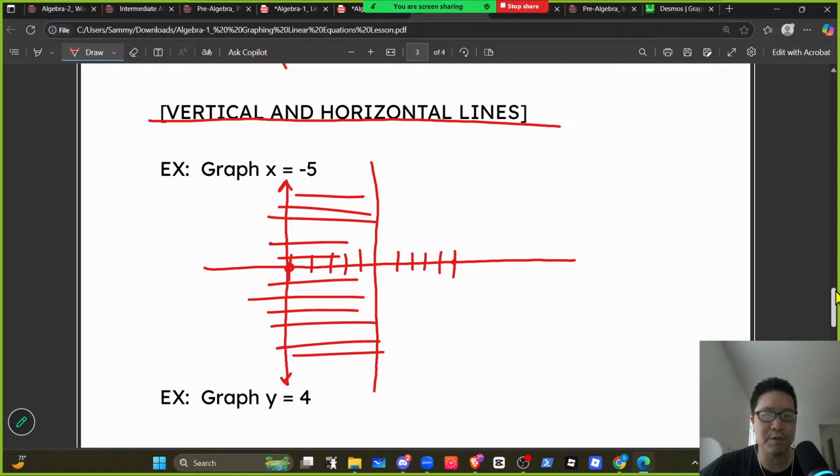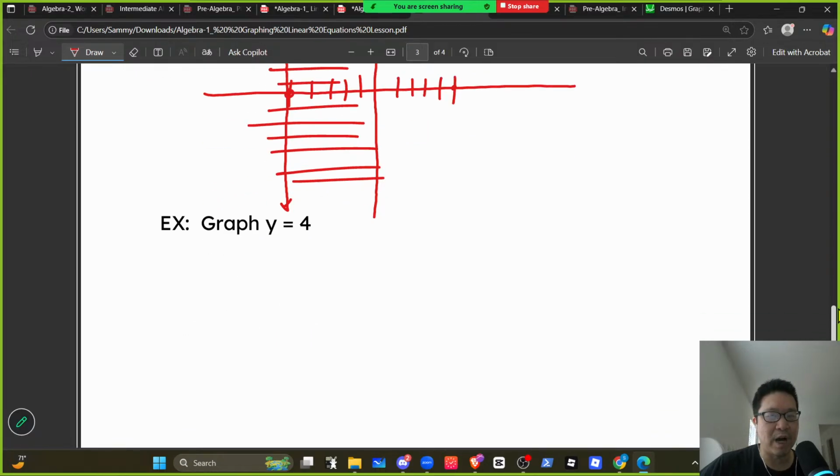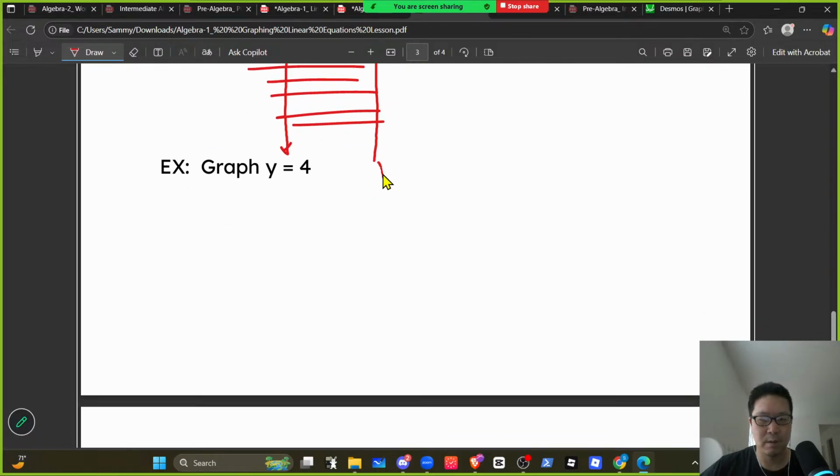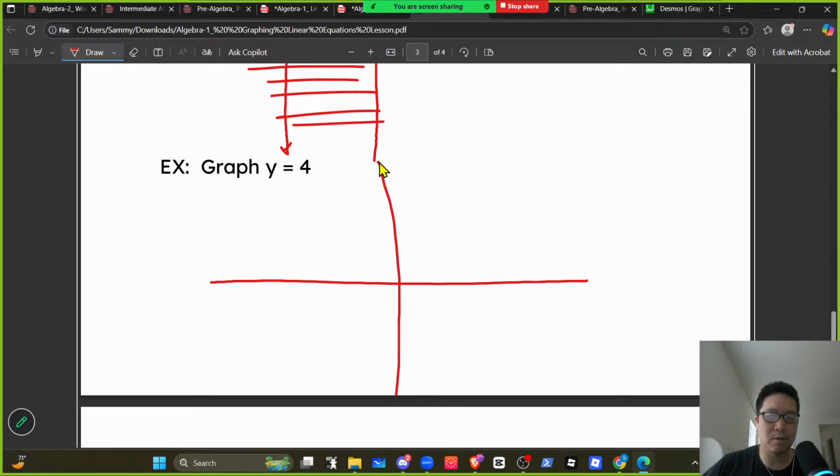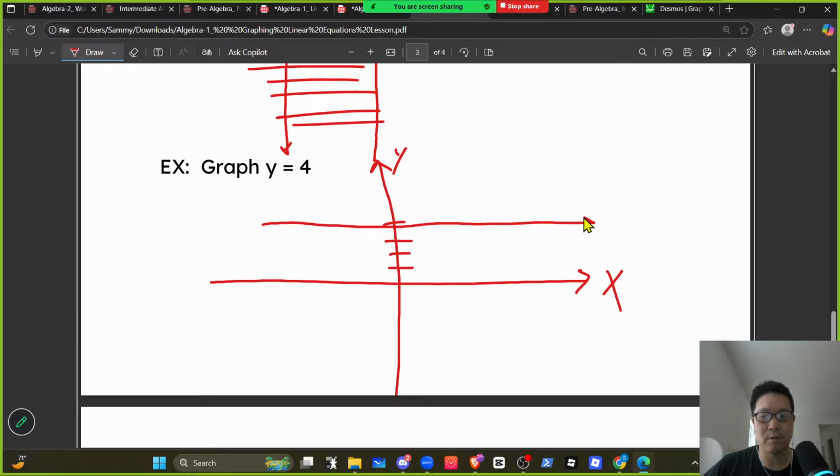So if x equals -5 is a vertical line, what would y equals 4 be? A horizontal line. Yeah, a horizontal line. So here we have 4, and it's a horizontal line, just going straight west to east or east to west.